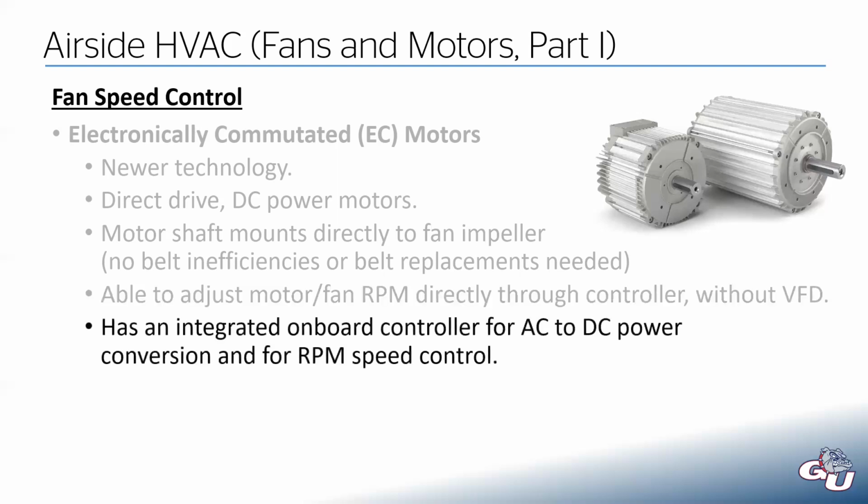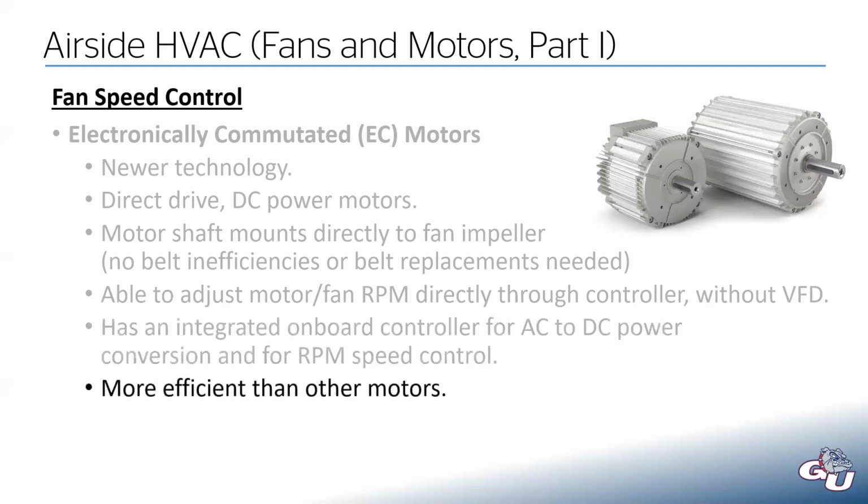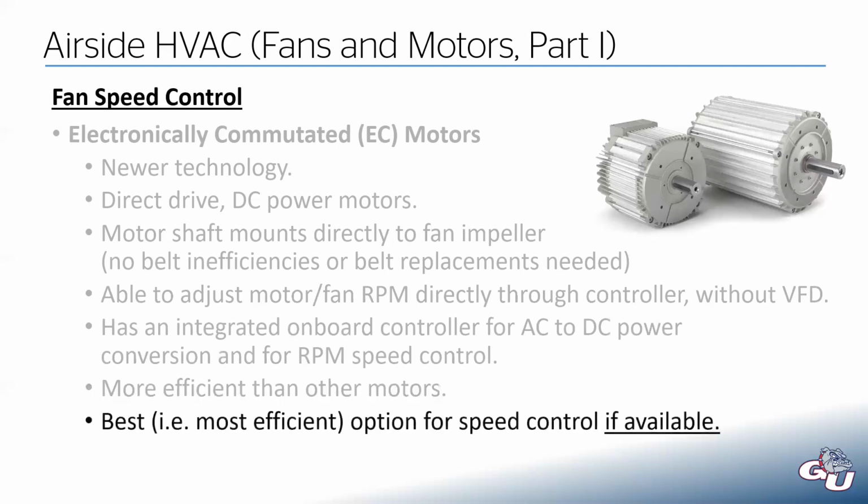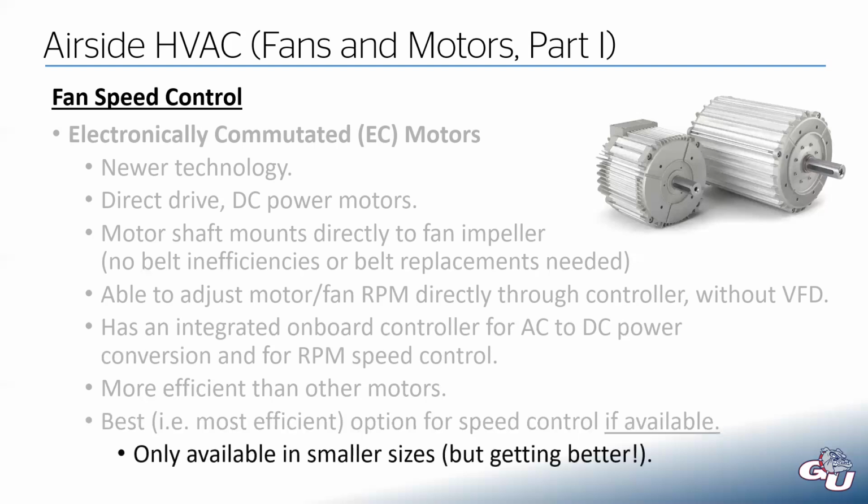So it's got an integrated onboard controller to get that power conversion and to provide that speed control. So these are more efficient than other motors. And really, it is the best option for speed control if available, which is a big caveat. If EC motors are available, right now, these are only available in smaller sizes.